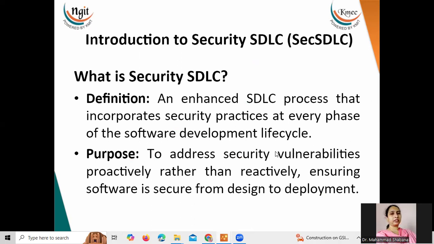What is security SDLC? Now let's introduce the concept of secure SDLC. While the traditional SDLC focuses primarily on building and delivering functional software, security SDLC incorporates security measures at every stage of development. This ensures that potential security vulnerabilities are identified and mitigated early on.